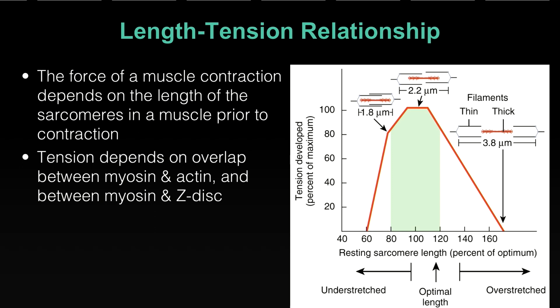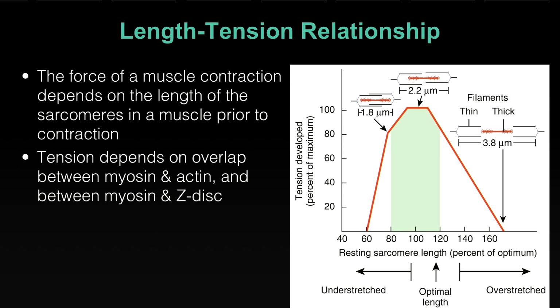Why does it go down at the end? Because presumably, if you're fully overlapped, the largest number of cross bridges can be formed, the most force can be generated. So the shortest sarcomere length should theoretically have the highest force potential or tension potential.